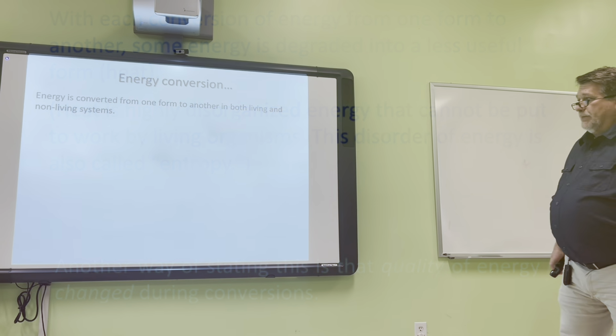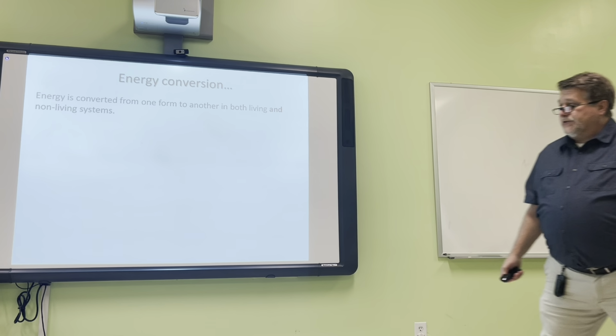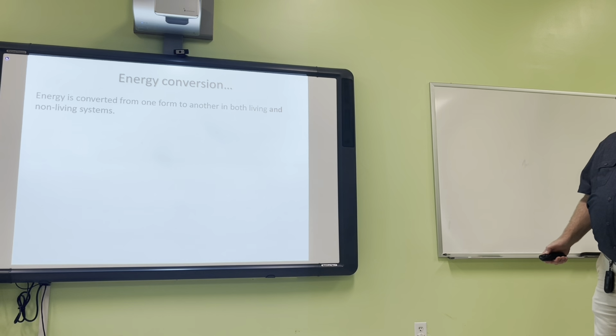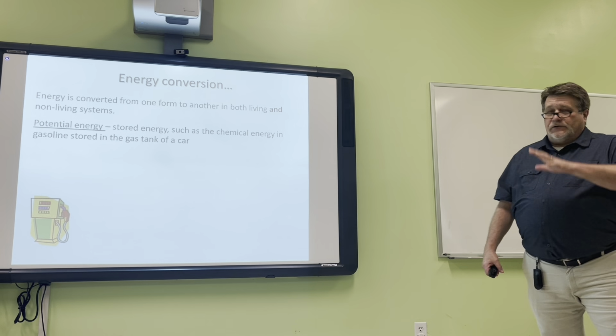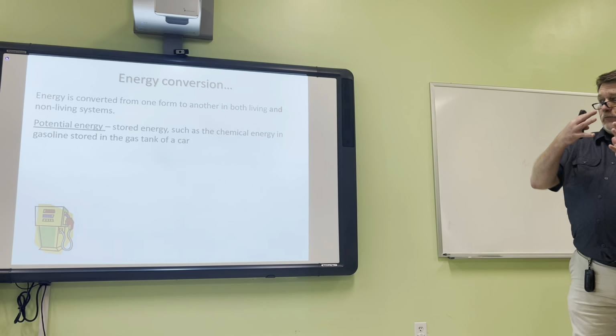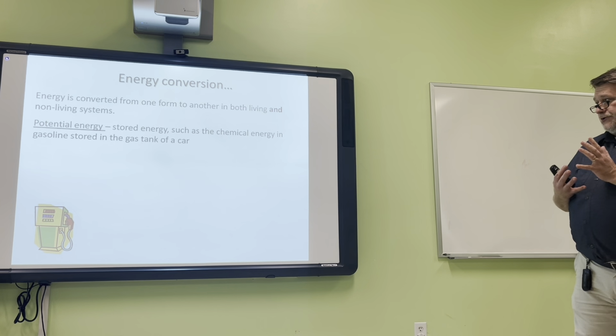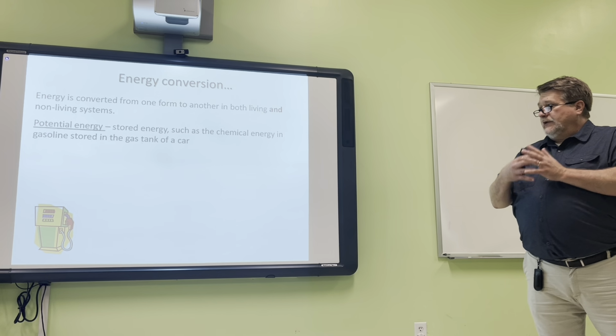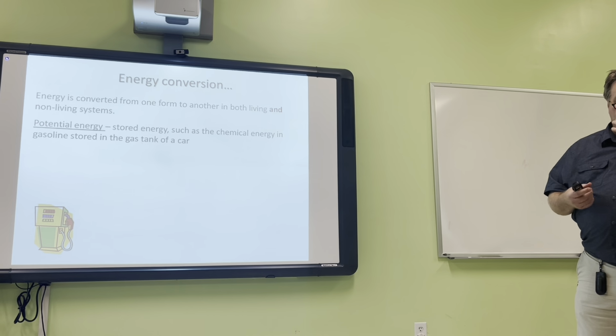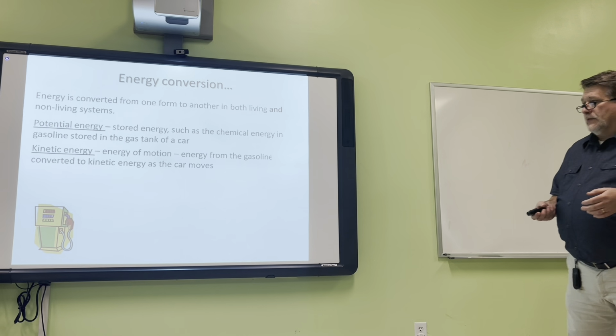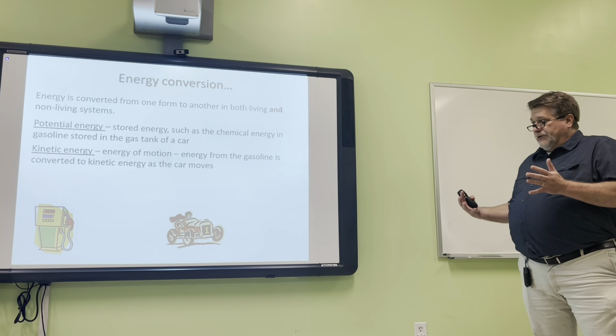So let's give an example that doesn't even deal necessarily with living systems. Again, we've all heard this definition for something called potential energy. That's stored energy, such as the chemical energy in the gas tank of your car. Gasoline serves as chemical energy. Kinetic energy, energy of motion.